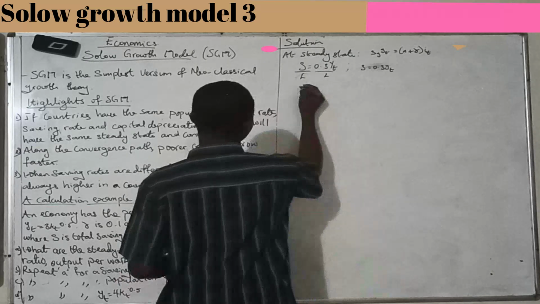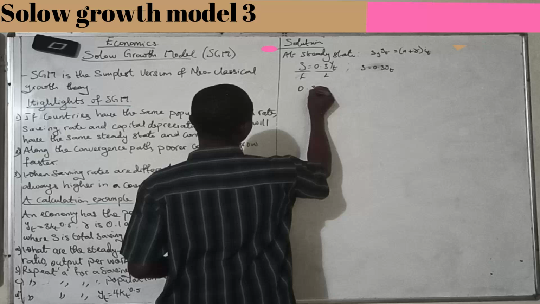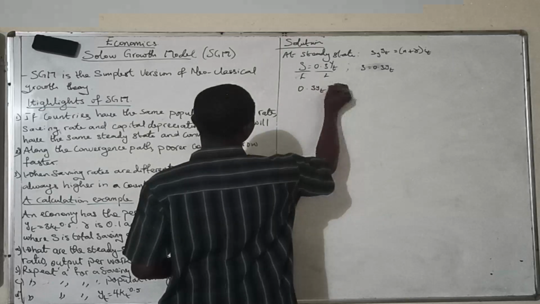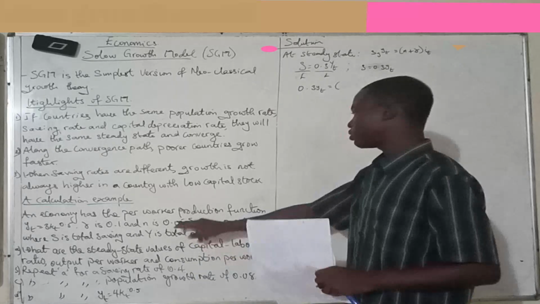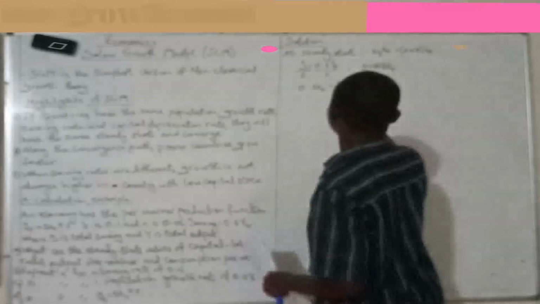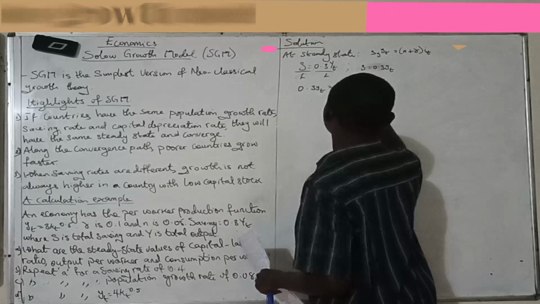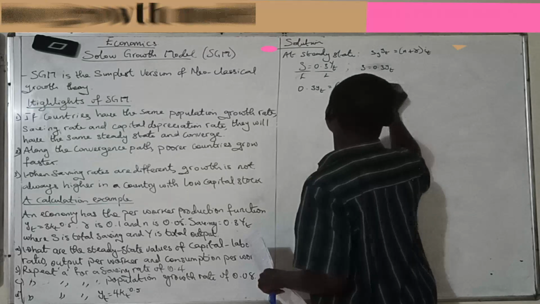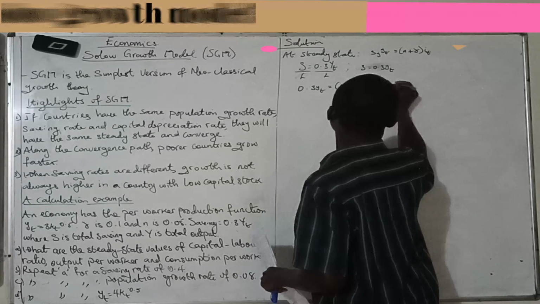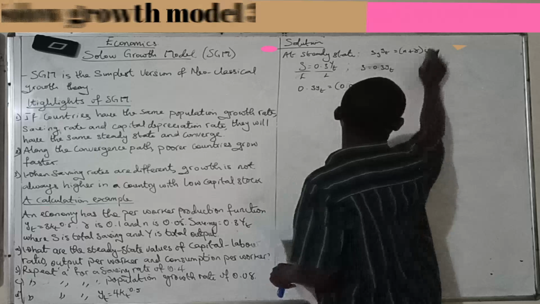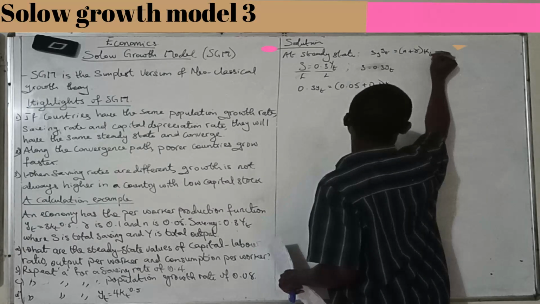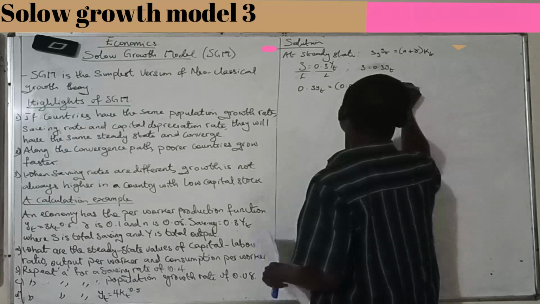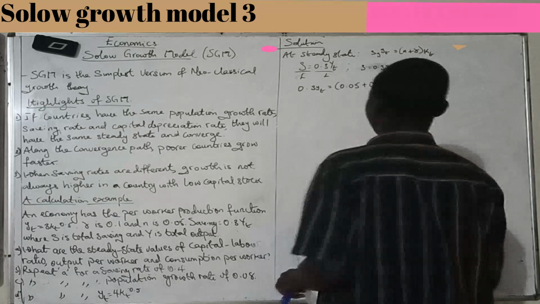So 0.3 YT is equal to the population growth rate 0.05 plus 0.1, then KT. I'm going to drop the T now.